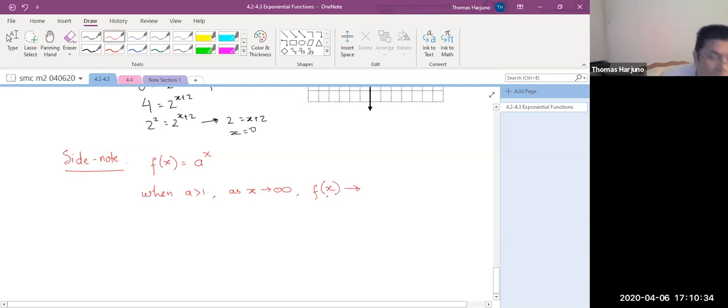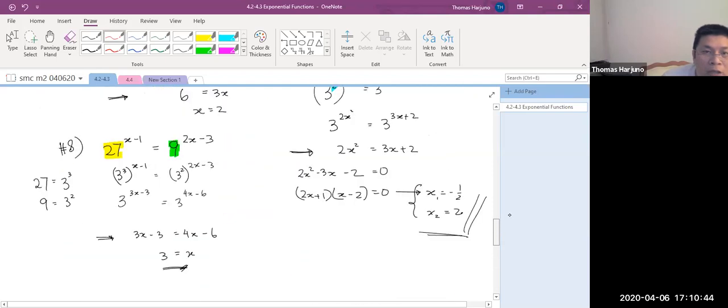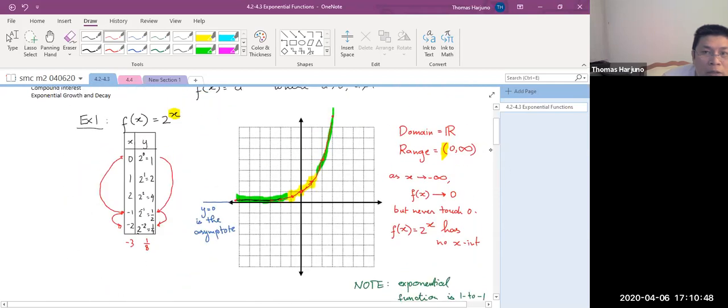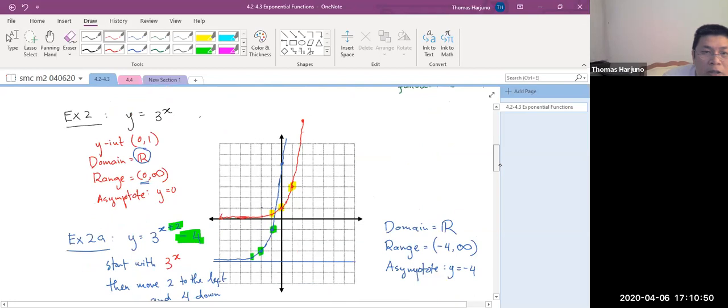If the base is greater than 1, it means every time we move to the right, it will multiply by something greater than 1, right? Like this 2 to the x and 3 to the x, the red color here. The further we go to the right, what happens to the graph?